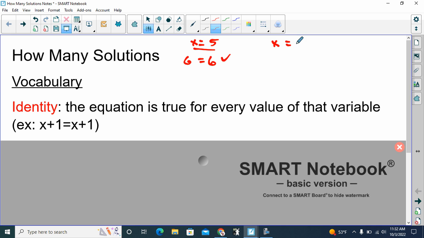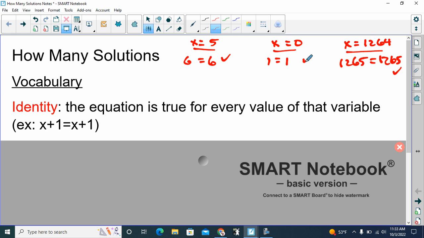If I try x equals 0, I get 0 plus 1 equals 0 plus 1. Well, that's true. So x equals 0 is a solution. If I try x equals 1,264, if I plug that in, it would say 1,265 equals 1,264 plus 1, 1,265 on both sides.